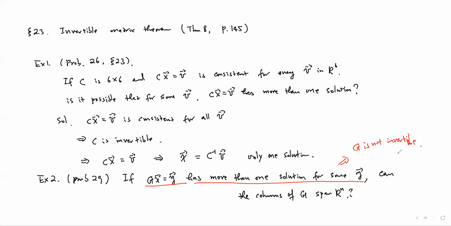So G is not invertible. Therefore, by this theorem, the columns of G cannot span the whole space. Done. So section 2.3, only one theorem. Yeah, let me stop here.